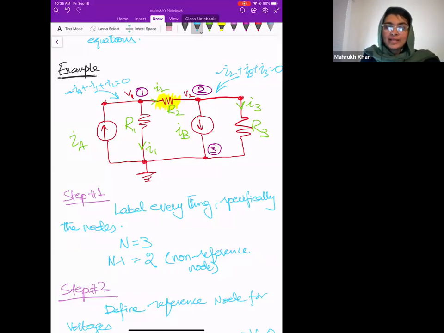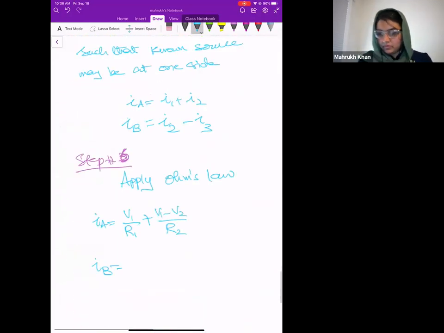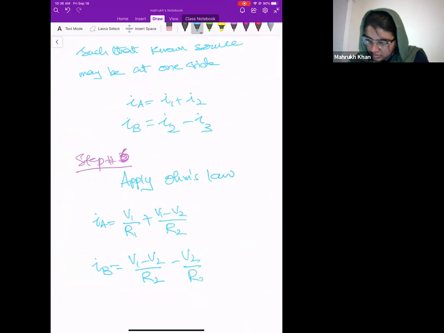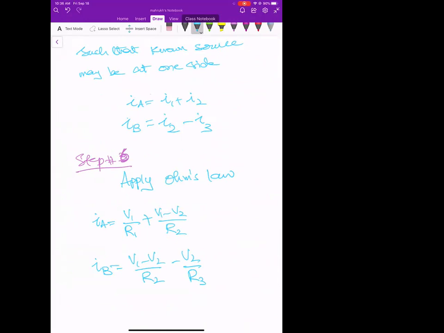For node 2, I cannot write V2 minus V1 over R2 because it will change the I2 sign. So the I2 sign is the same, either way. So that's why I will define it according to its value. So my I2 is this. So is it clear? Okay.